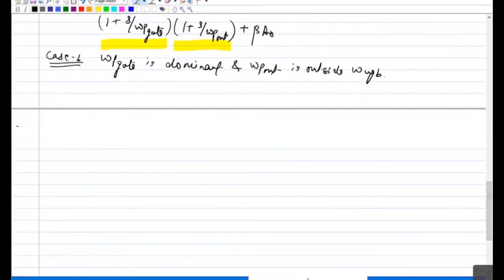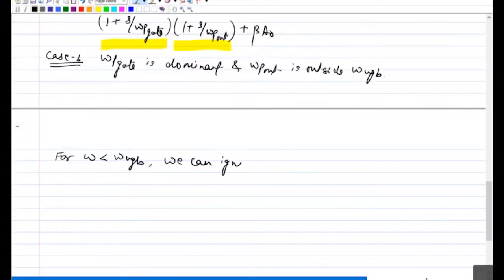So for omega less than omega UGB, we can ignore omega P out.